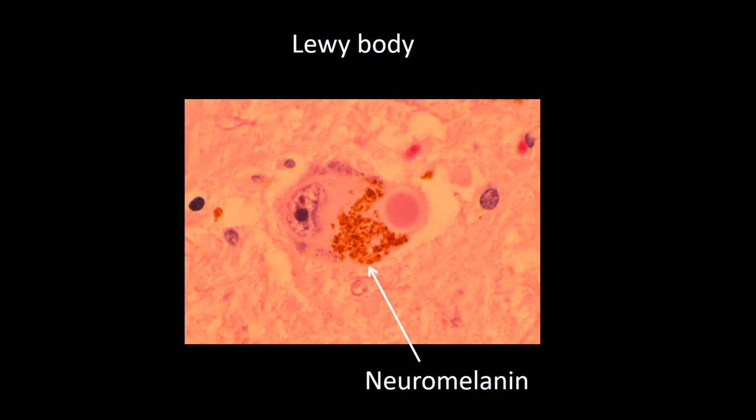Neuromelanin has been shown to bind neurotoxic particles, including toxic metals, that, if not bound, promote neurodegeneration. It is unclear if the presence of neuromelanin past a given amount indicates pathology.